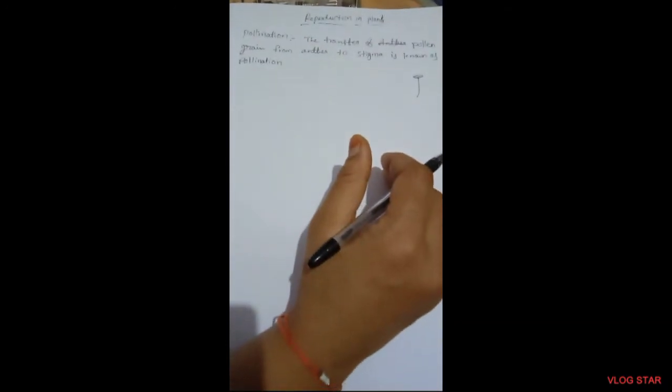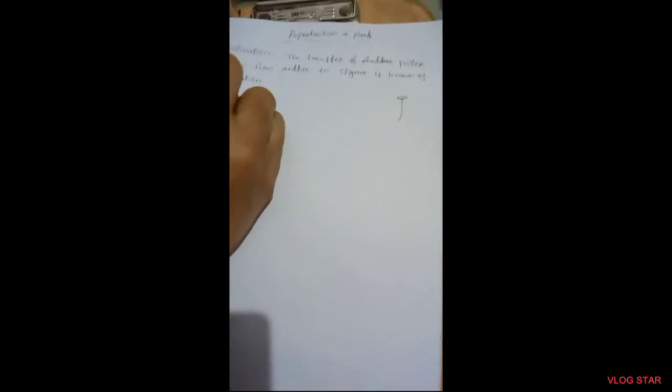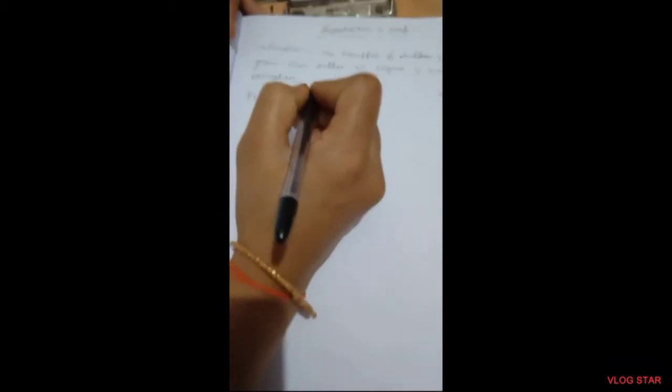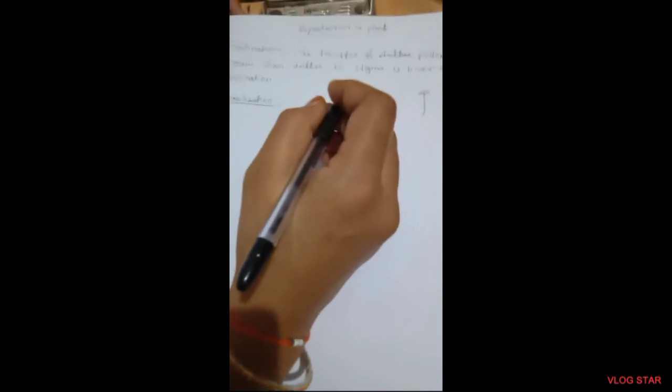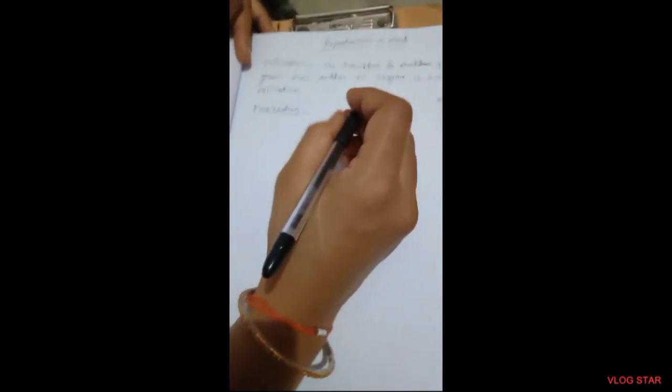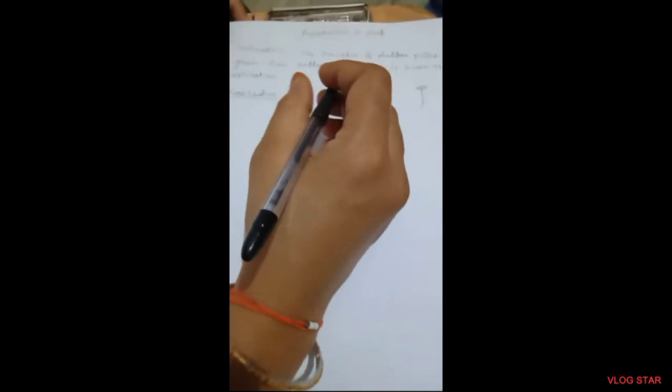Next, coming to fertilization. What is fertilization? During germination, a tube grows from these pollen grains, and these tubes ultimately reach the ovary.